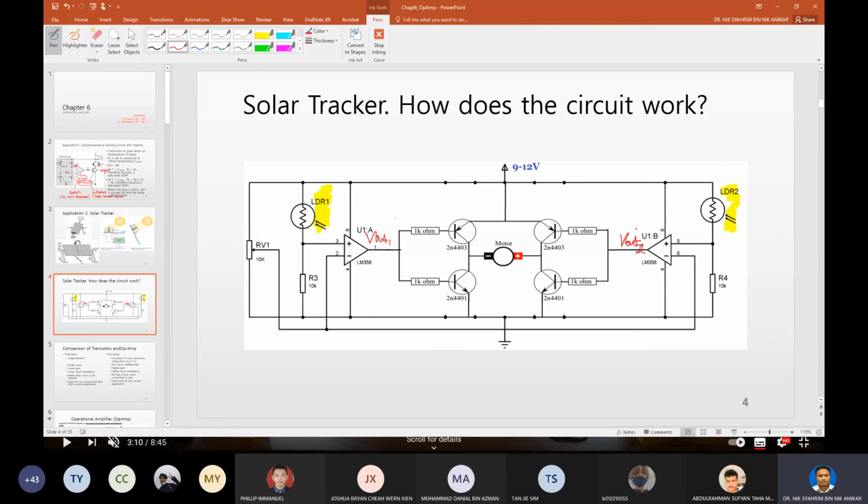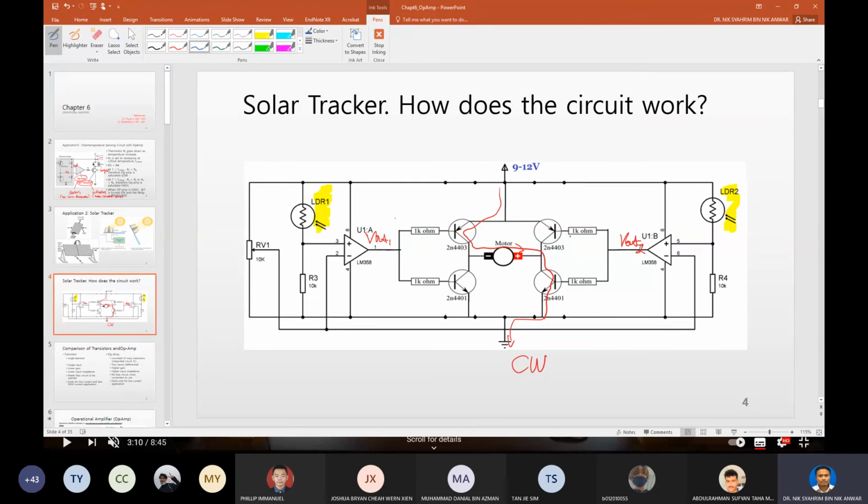you will get a different current flowing. Okay, if the current flows, for example, from this side through this BJT into the motor and goes out of this BJT to the ground, your motor maybe will rotate clockwise, for example.